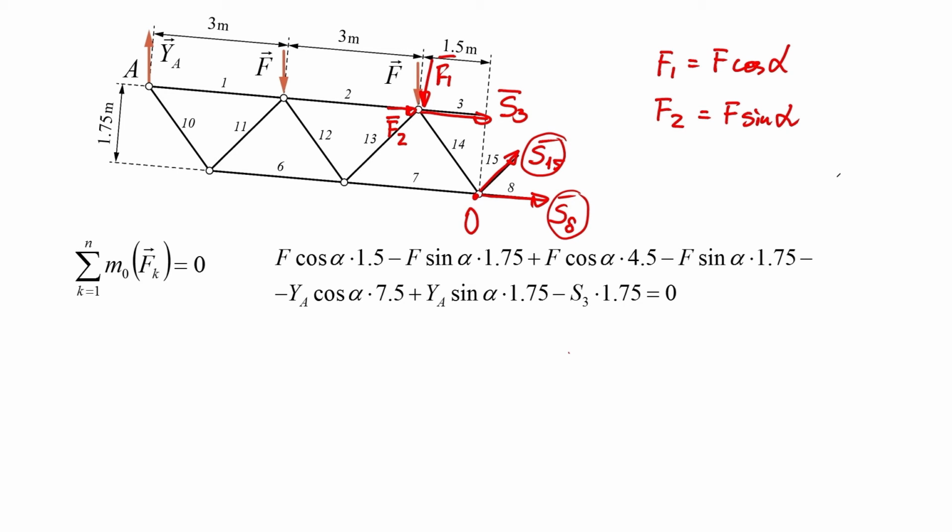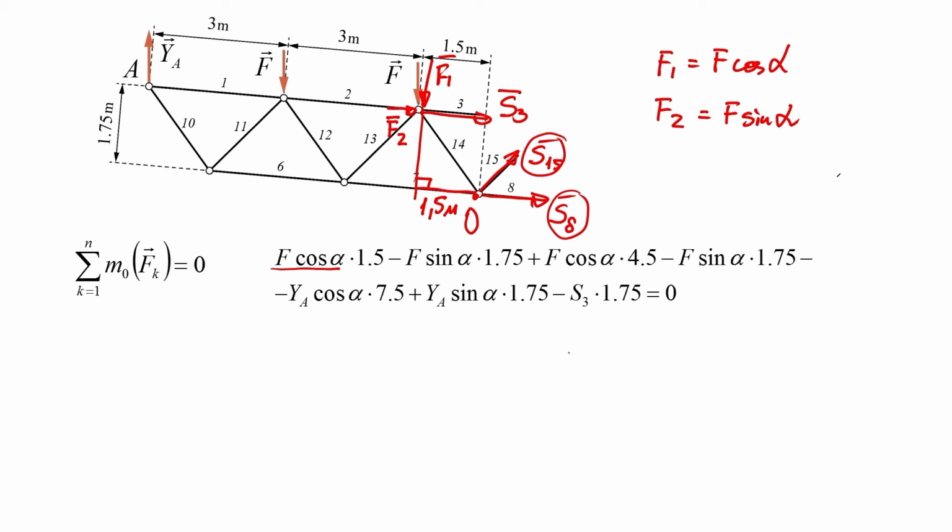The moment of the force F can thus be calculated as the sum of the moments of the F1 and F2 components. The moment F1 is defined as the product of F cosine alpha and the arm of the component F1, which is equal to 1.5 meters as calculated geometrically from the sizes.